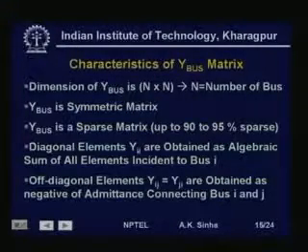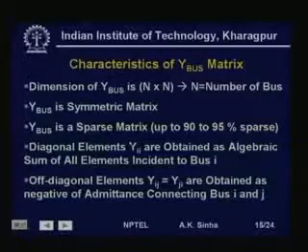Diagonal elements Yii are obtained as the algebraic sum of all elements incident to bus i. That is, we had seen that Y11 is nothing but the algebraic sum of all the admittances which are connected to that bus.